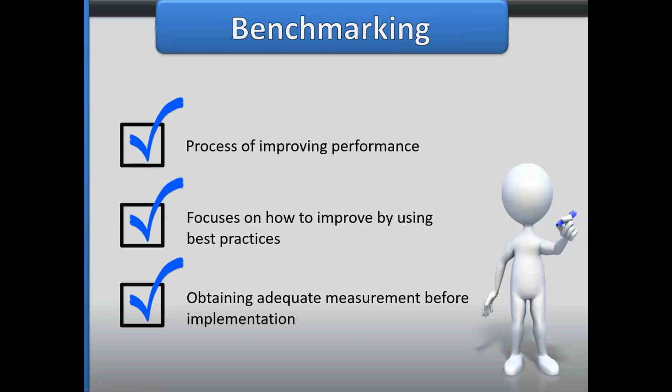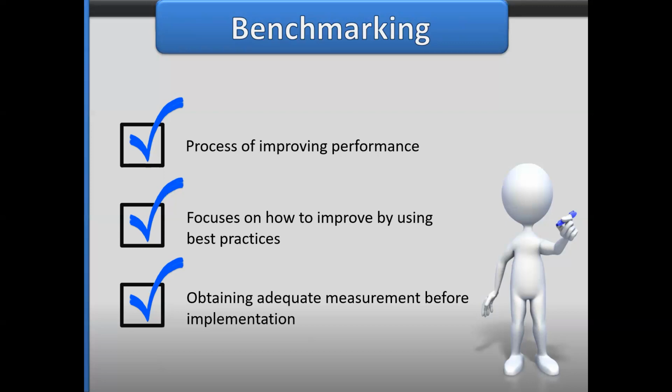Benchmarking is an important aspect of quality control. Benchmarking is the process of improving performance by continually identifying, understanding, and adapting outstanding practice and processes found inside and outside an organization. Benchmarking focuses on how to improve any process by using best practices rather than simply measuring the best performance.